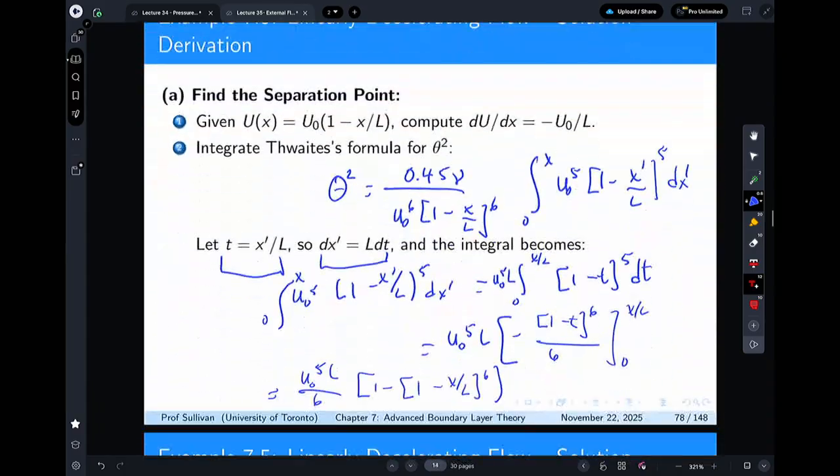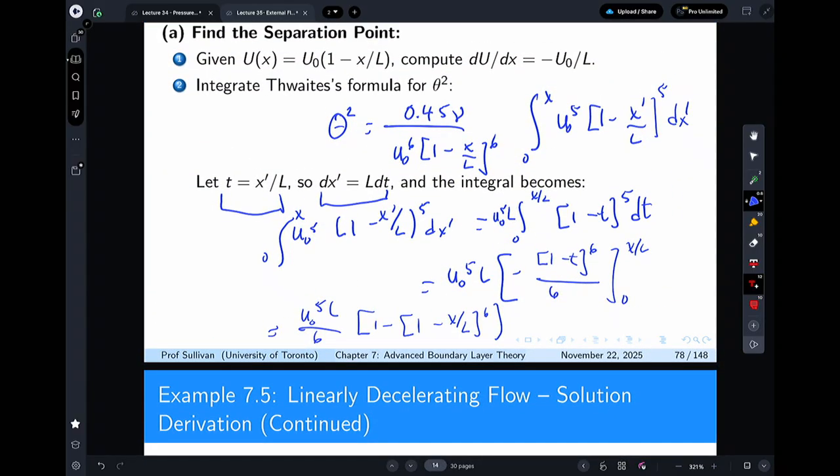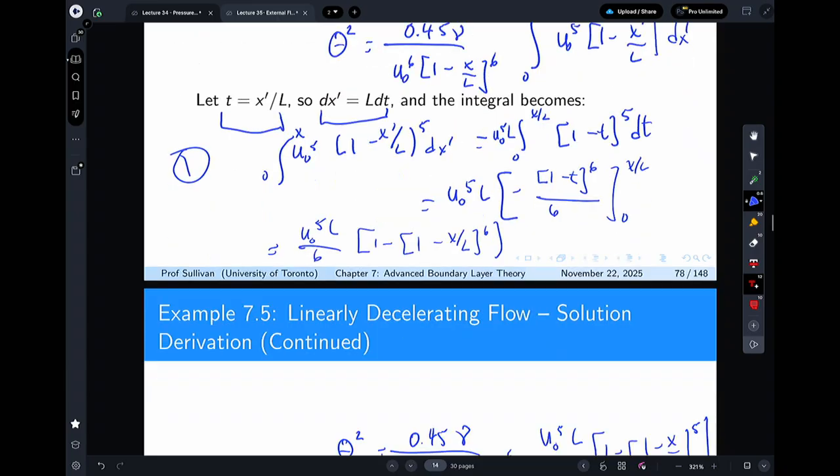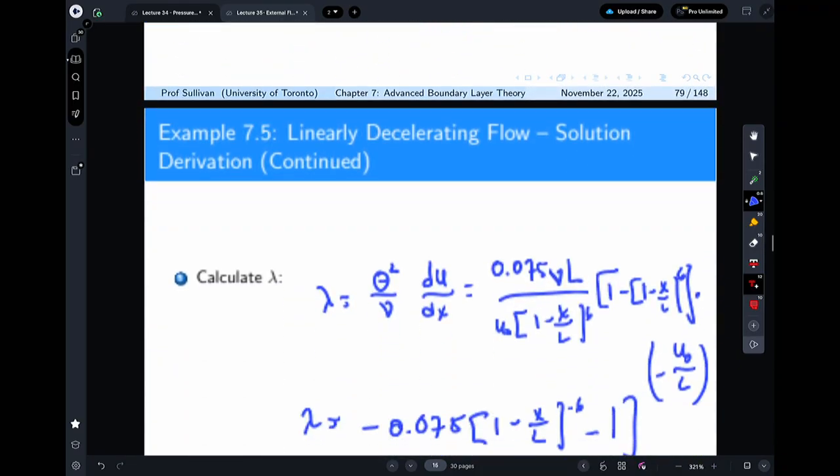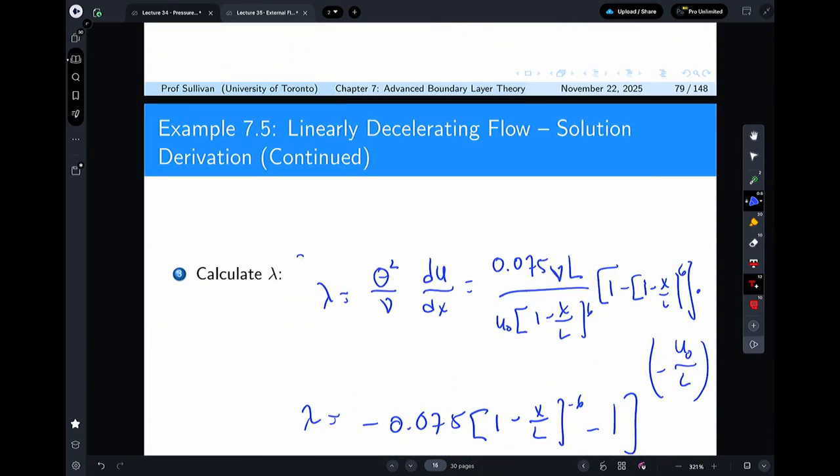So here, I'm solving for theta star. I'm solving for that term in the integral first. Then I'm solving for theta star by multiplying that term in the integral. So I kind of stretched that out maybe a bit too much. Then I'm solving for lambda.